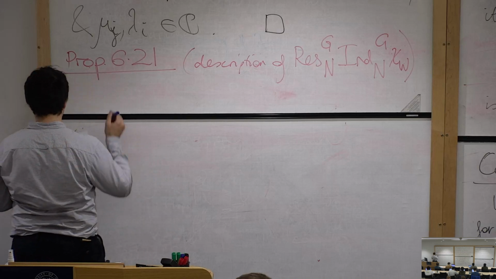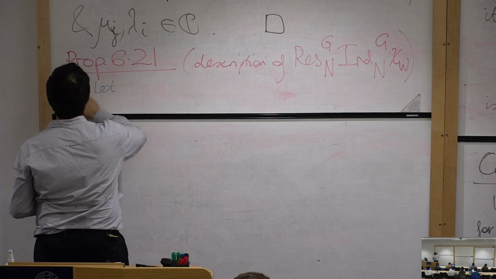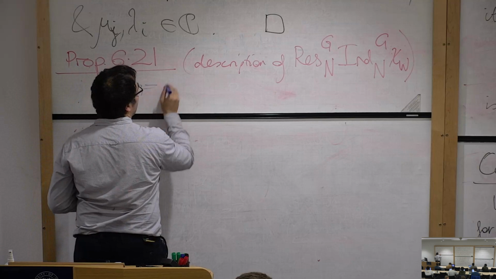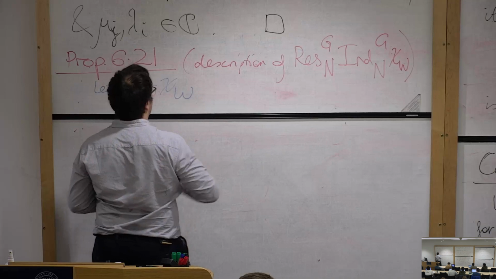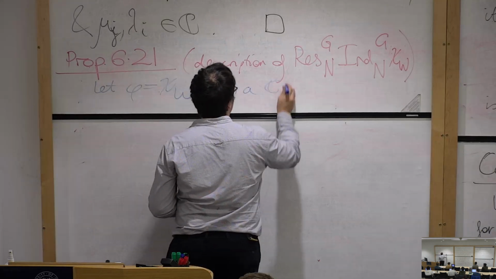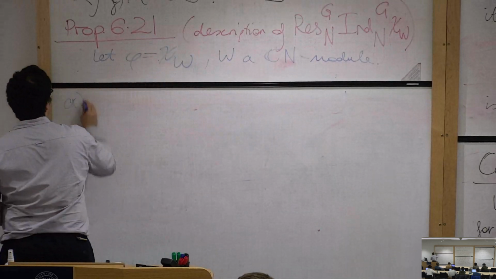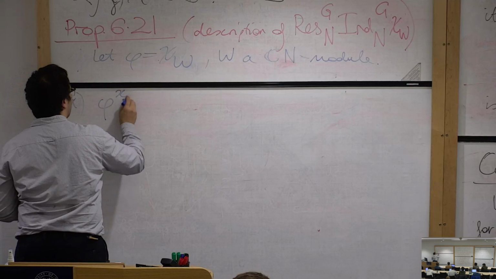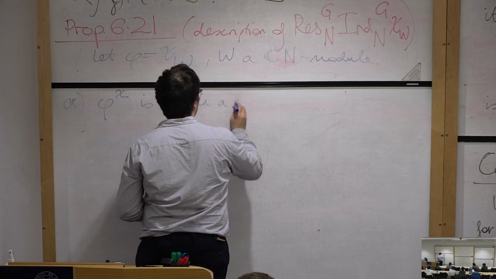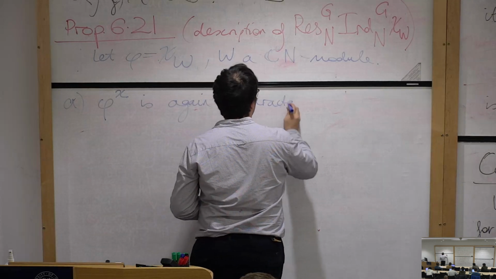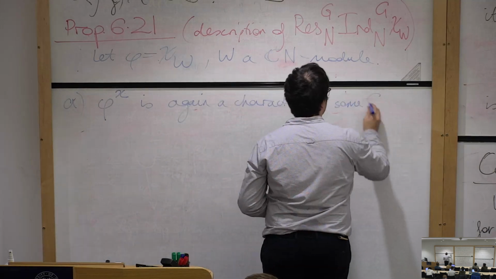So, first of all, the twists. Let phi be the character of some N representation. Then, if I twist the character by a group element, again a character of some CN module.